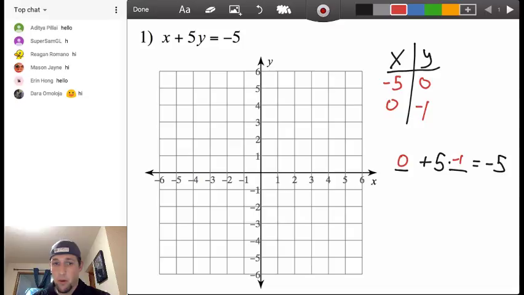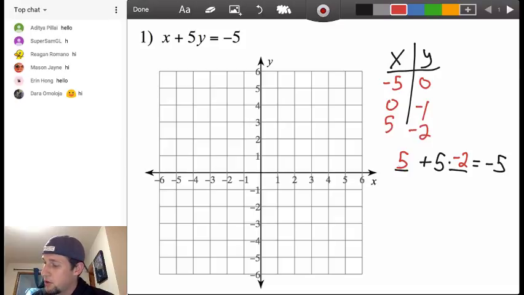That one certainly works, because if I multiply all that out, I get 0 plus -5. And then I need to think of one more. One more good one that seems to work would be 5 and -2, because that gets us 5 plus -10. So 5 and -2.